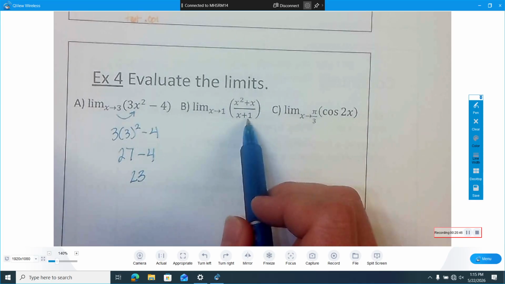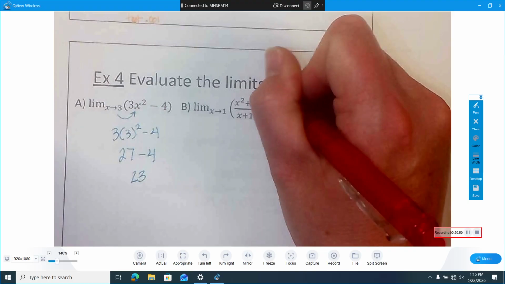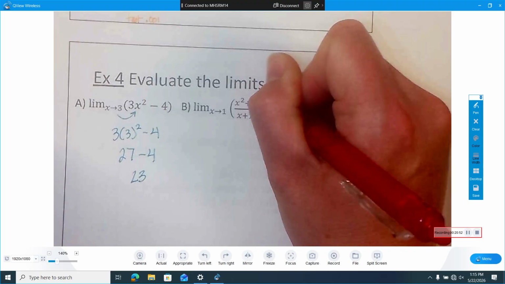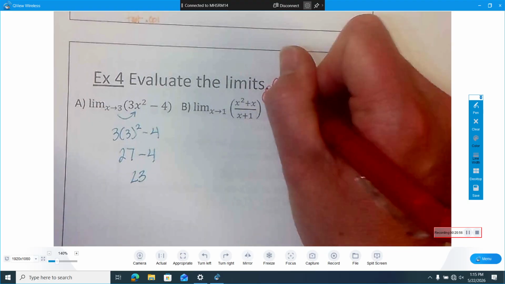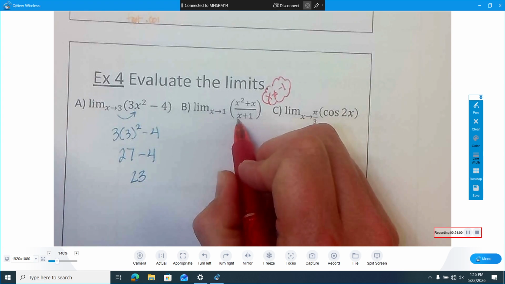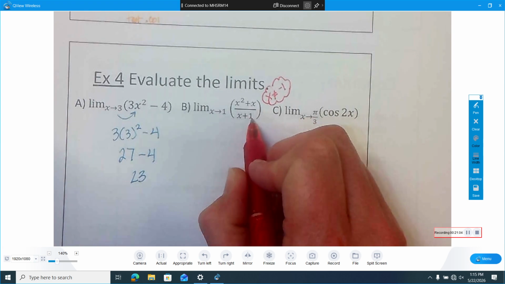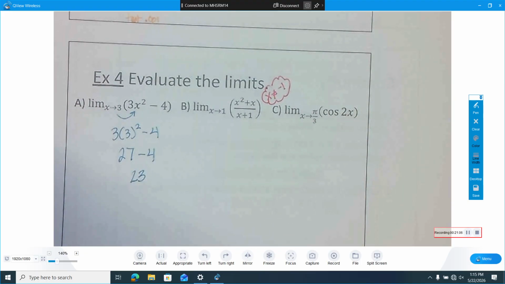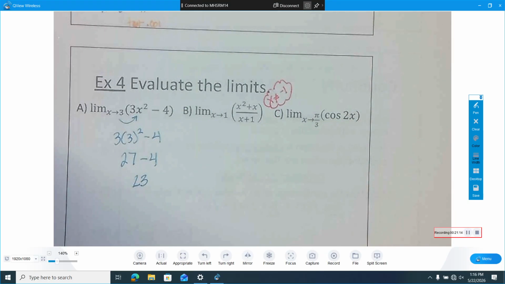Here again, we have a rational fractional one. So before I even start, I'm thinking to myself, hey, what is x not allowed to be? -1. Why -1? It makes the denominator 0. If I plug in -1, -1 plus 1 gives me a 0. So that would not be allowed. As long as I'm not using -1, then I can just use direct substitution.